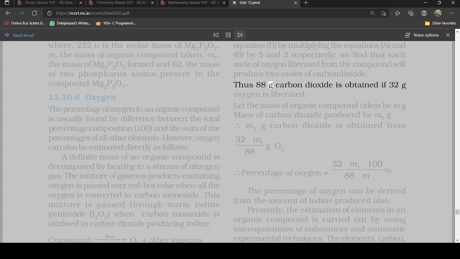Thus 88 g carbon dioxide is obtained if 32 g oxygen is liberated.